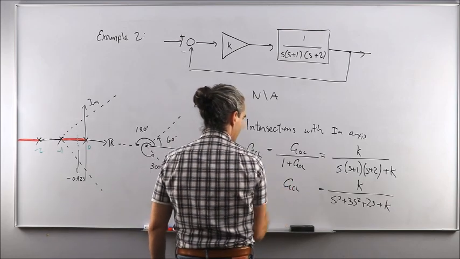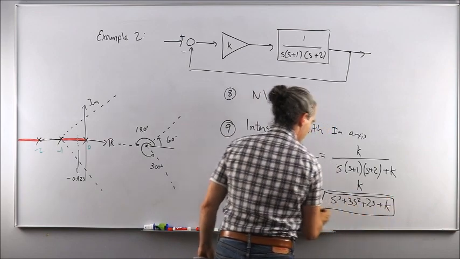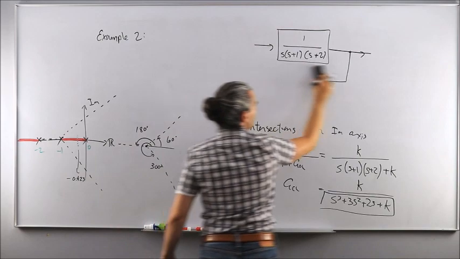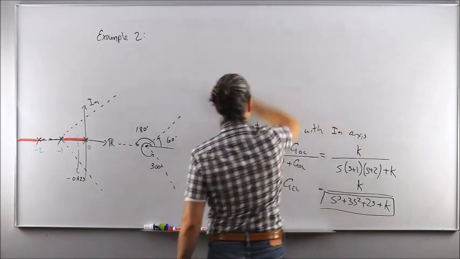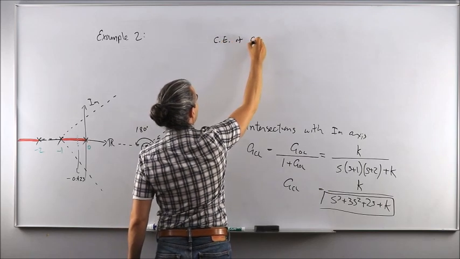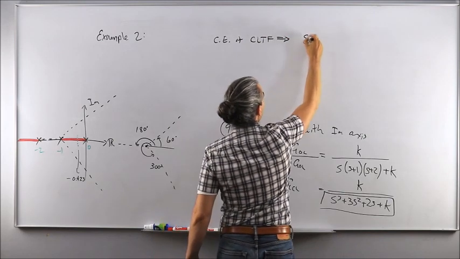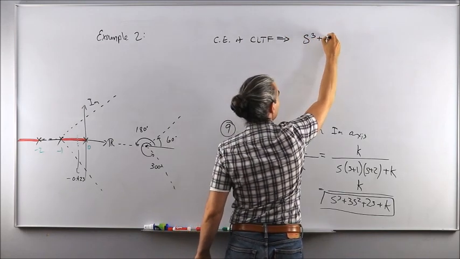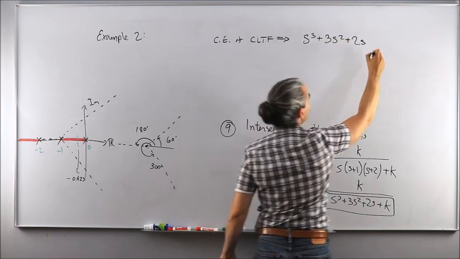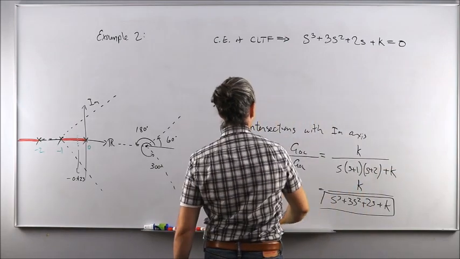That is your closed-loop transfer function, and therefore your characteristic equation that you're going to use for this step is just going to be denominator equal to 0. So characteristic equation of closed-loop transfer function, s cubed plus 3s squared plus 2s plus k equals 0. Good.